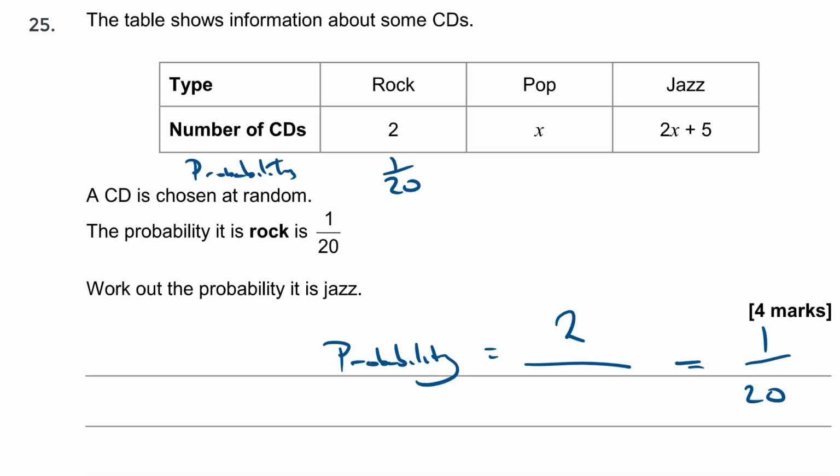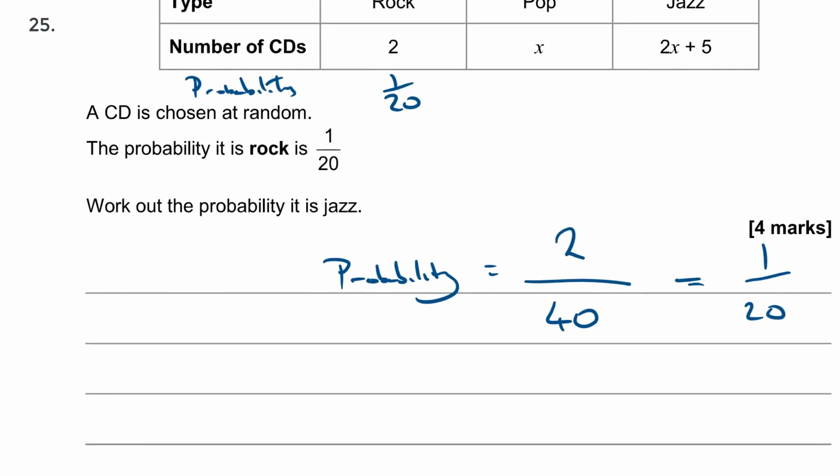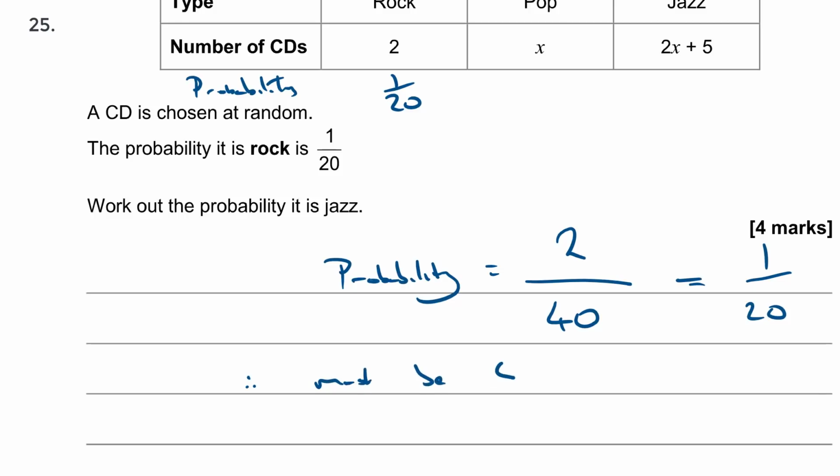So that means there must have been 40 total outcomes then, so that 2 over 40 can cancel down to 1 over 20. So there must be 40 CDs altogether. Okay, so what is the probability then that it's jazz?